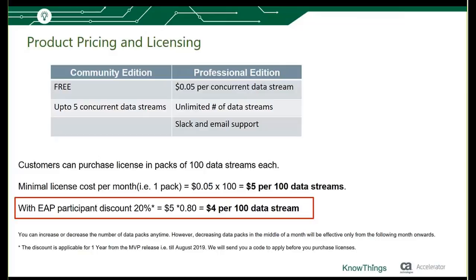That's the one restriction that we have, but in terms of functionality, it's similar to the other edition, which is the Professional Edition, where the licensing cost is 5 cents per concurrent data stream. We wanted to start with a very flexible and very economical model, so we came up with this 5 cents. And this has an unlimited number of data streams.